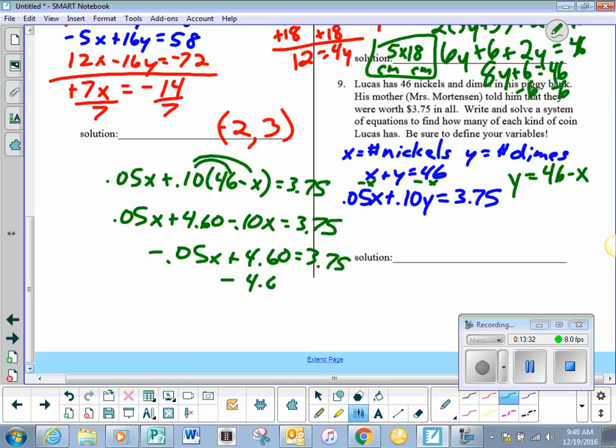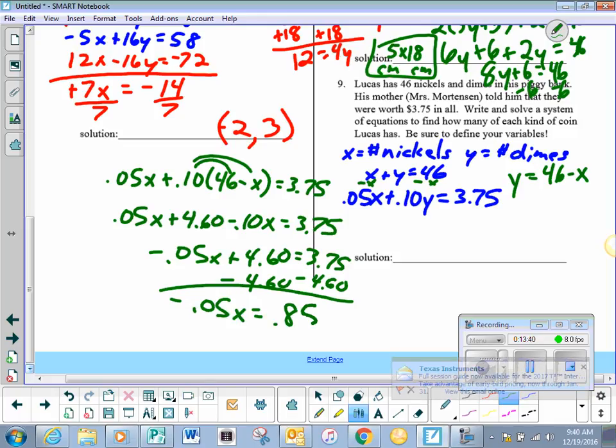Subtract 460 from both sides. And negative 0.05x equals negative 85. Divide by negative 0.05, and we get 17. 17 nickels.